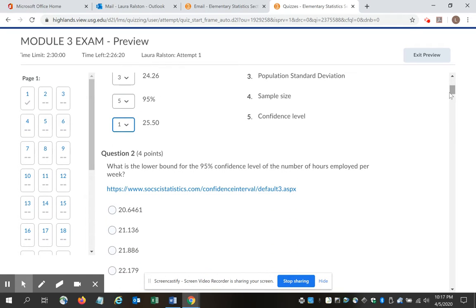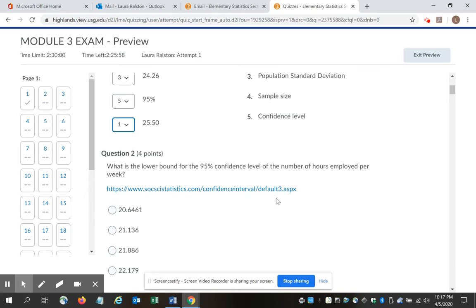And guys, I even gave you the link to the website. Okay, the question says, what is the lower bound for that particular interval? Okay, for a 95% confidence interval. And again, the header clearly said it was a Z interval.